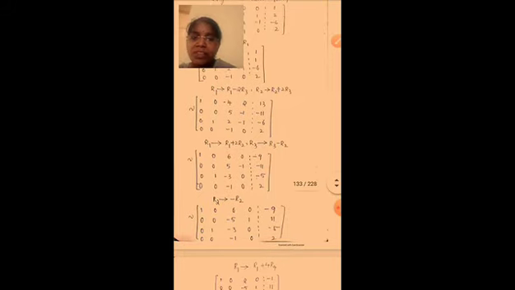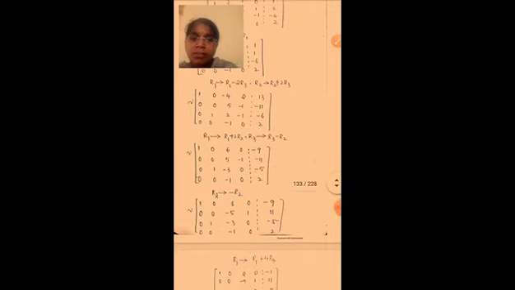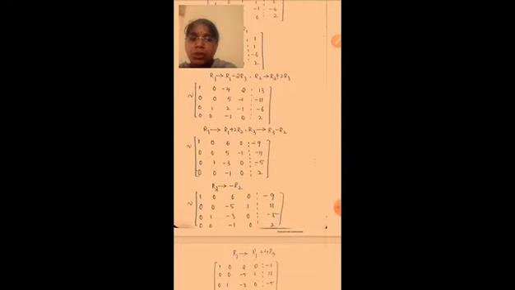Okay, next R2 is the same: 0 0 5 -1 -11. Next R3 minus R2. So 0 minus 0, 1 minus 0 is 1, 2 minus 5 is -3, -1 plus 1 is 0, and -6 plus 11 is -5.